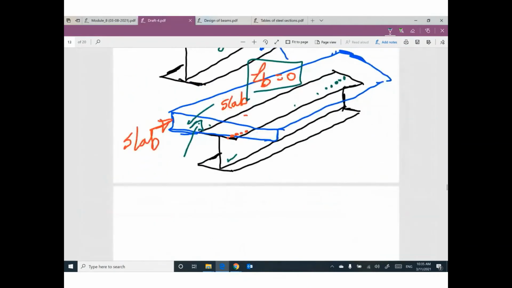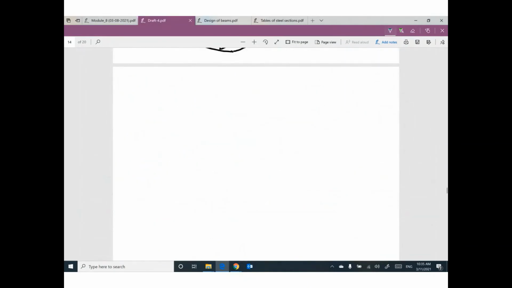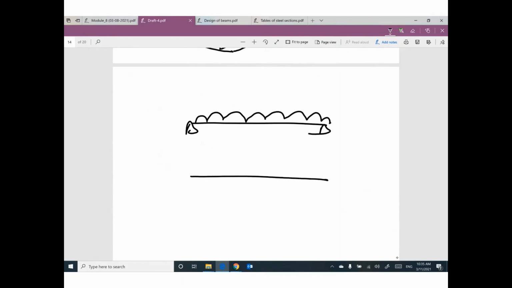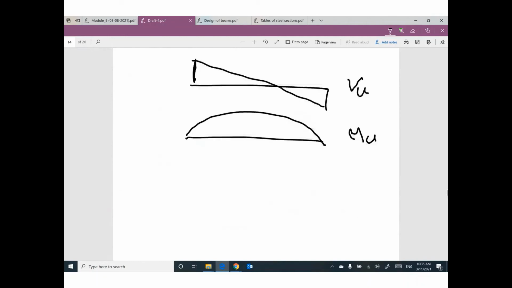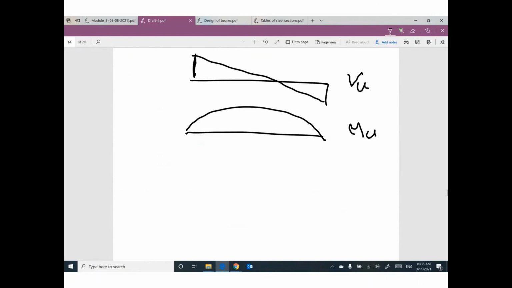Just to remind you, any beam under the effect of load will have a shear force diagram and a bending moment diagram. The shear force diagram will give you V ultimate, the bending moment diagram will give you M ultimate. To make sure this cross section is safe, you have to check moment and you have to check shear.